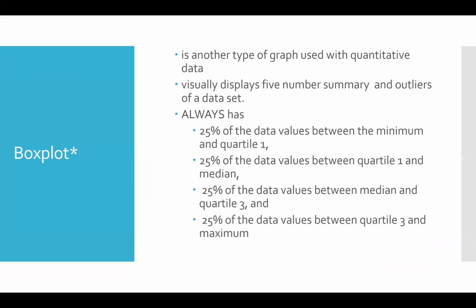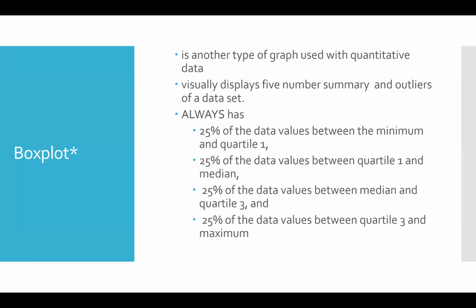Finally, the third one, and this one you are going to have to create as well, is a box plot. A box plot is definitely used with quantitative data. It actually gives us a picture of what's called the 5-number summary and the outliers of a data set.